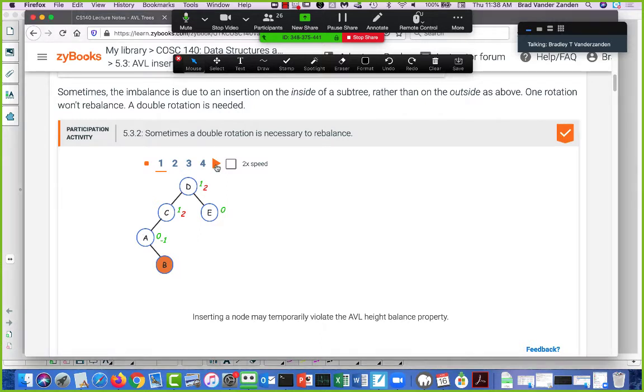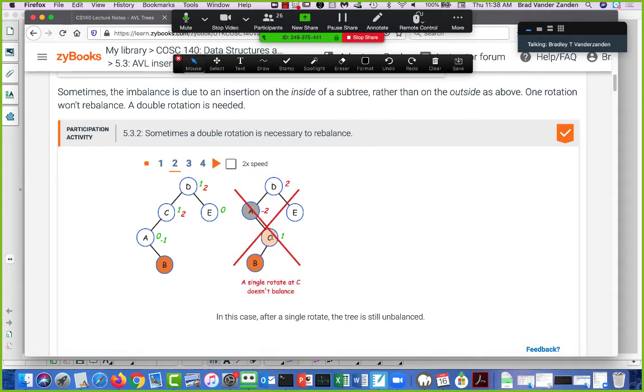C is going to come down, B becomes the left child, and we recompute these balance factors, and you see it didn't work. All it did was change the imbalance from this left elbow to this right elbow. And the balance factor went from +2 to -2 because the height of A didn't change.